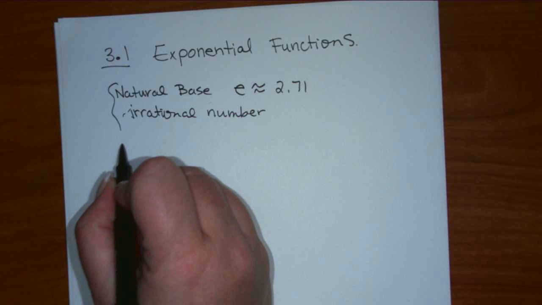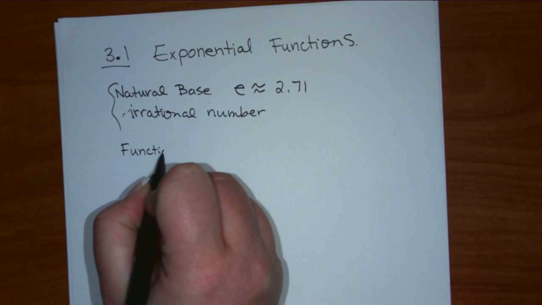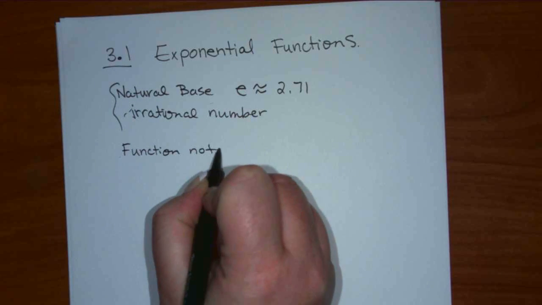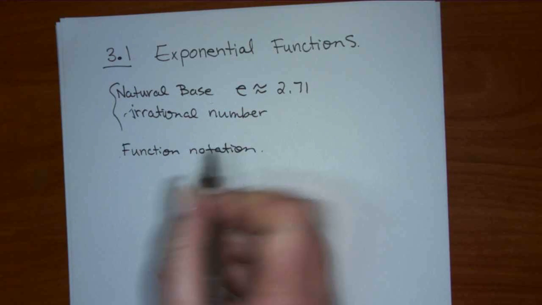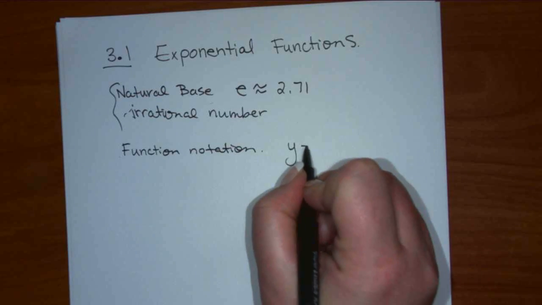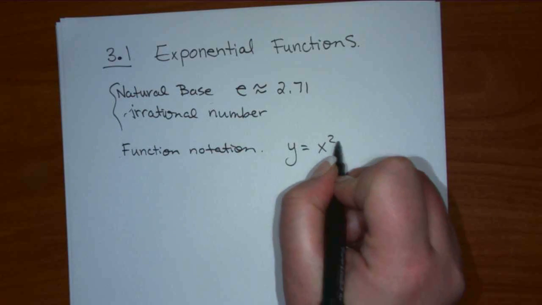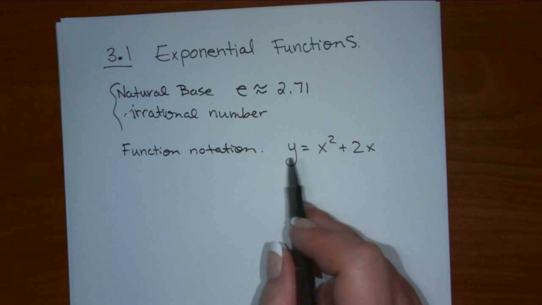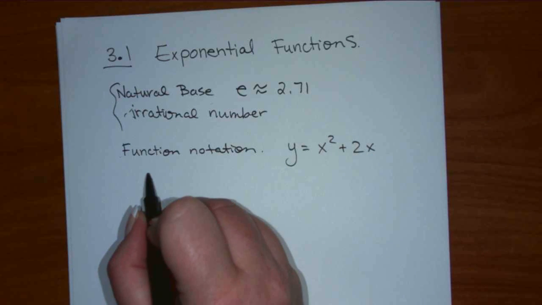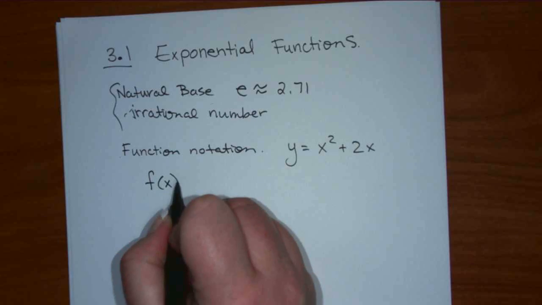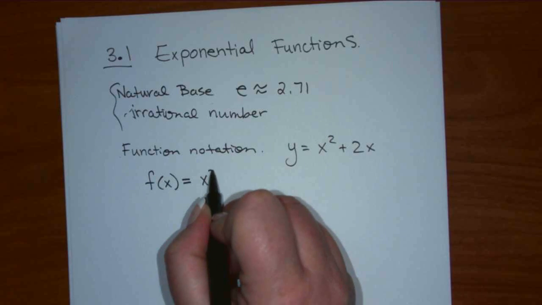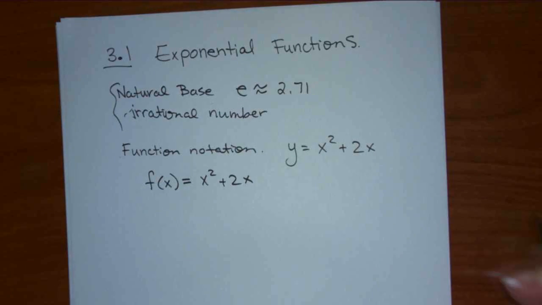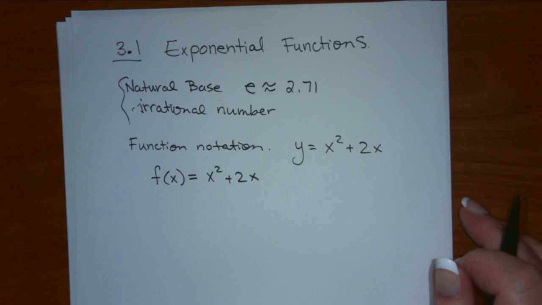So let's look at function notation first. So far I've been writing all my functions as y equals something. Right? This function, I could have written it with an f of x. What does f of x mean? Nothing different than y. It's just a different way to write y. It means the exact same thing.